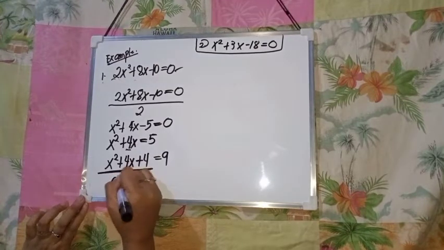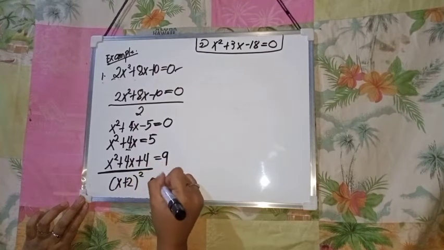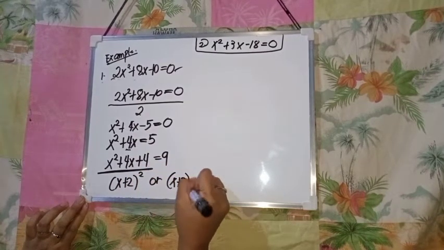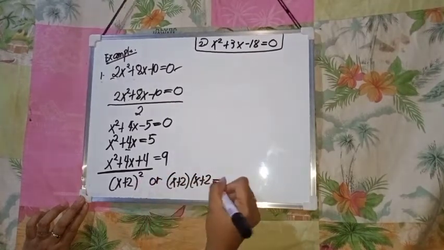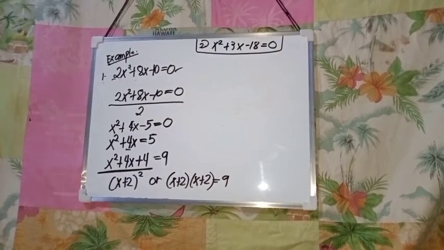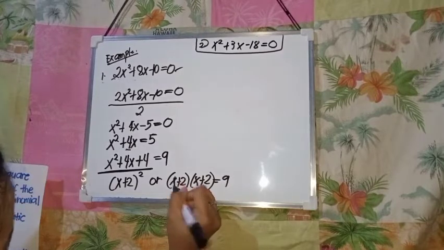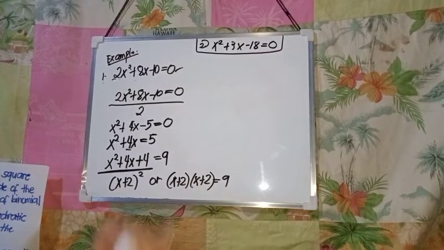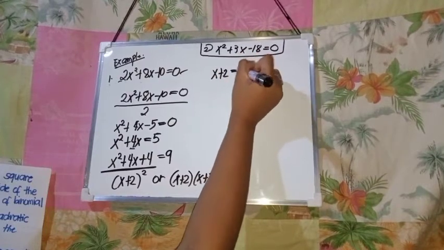So it will be x plus 2 squared, or the quantity x plus 2 times the quantity x plus 2, is equal to 9. Since these two terms are the same, we only have to use one. x plus 2 squared is equal to 9.